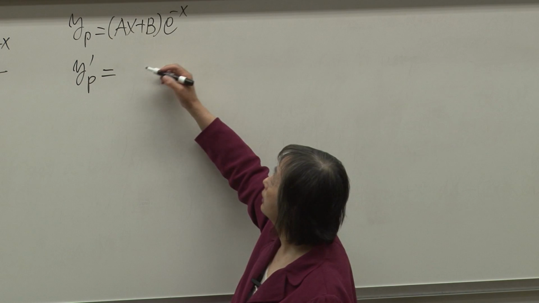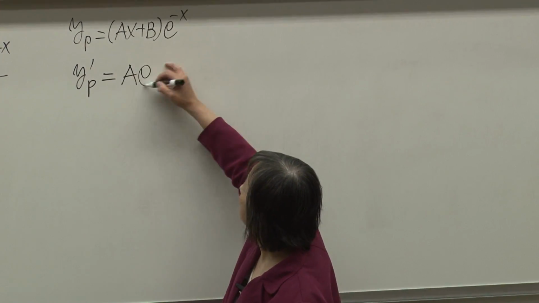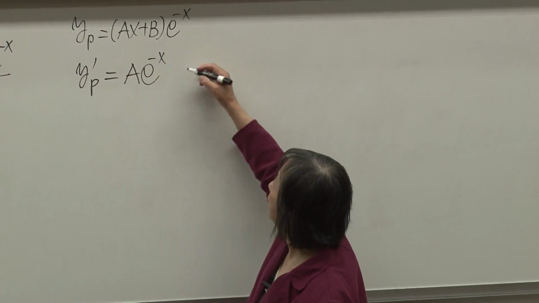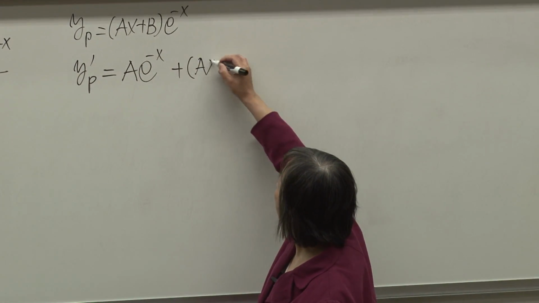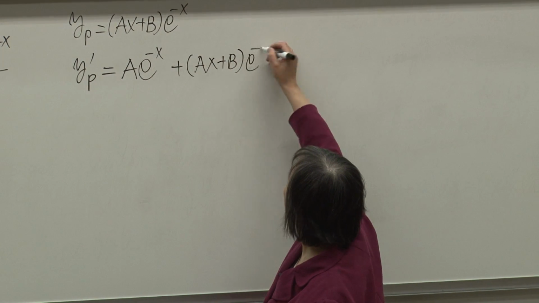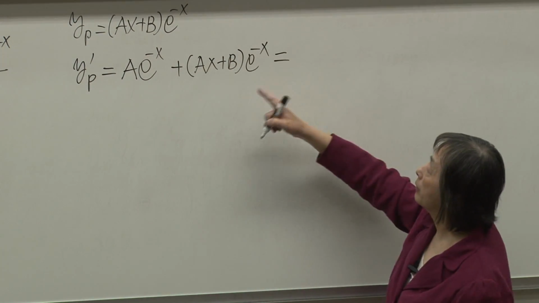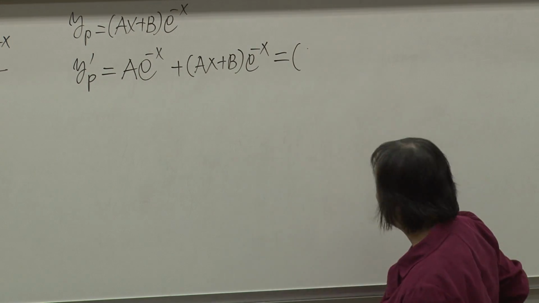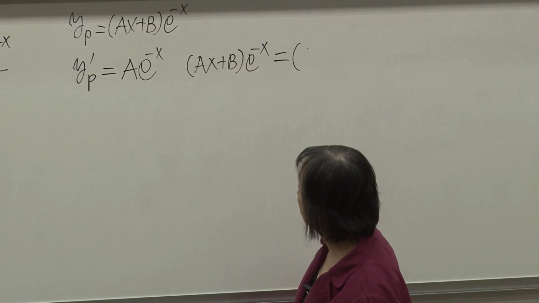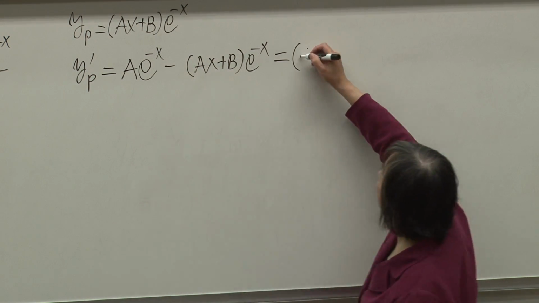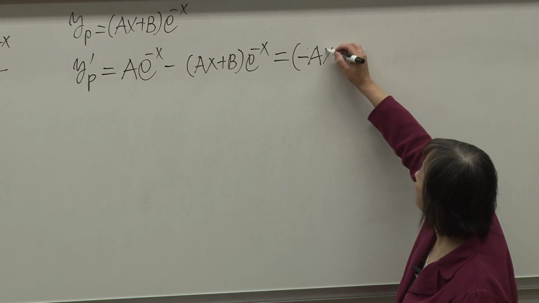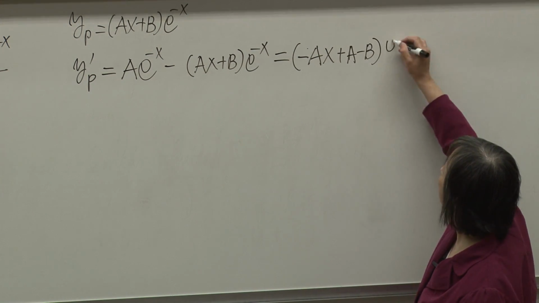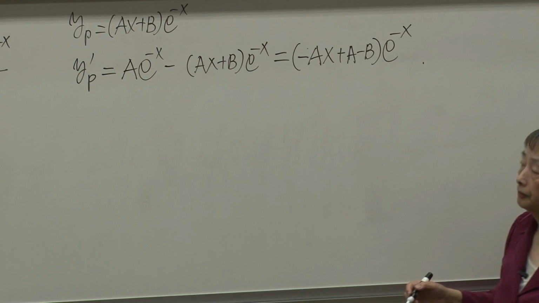So using the product rule, we get a times e to negative x, this is the derivative of ax plus b, plus ax plus b times the derivative of e to negative x. When we combine them, we get the negative sign in front: negative ax plus a minus b, times e to negative x.